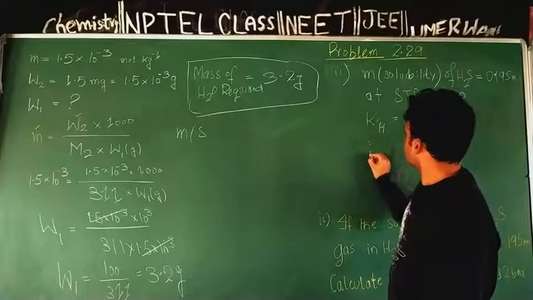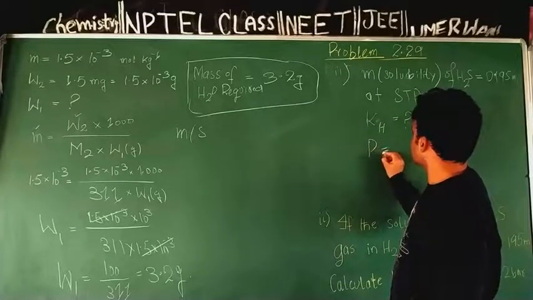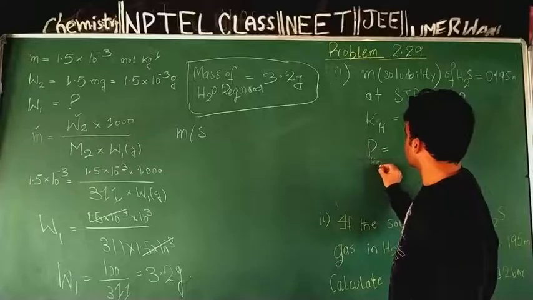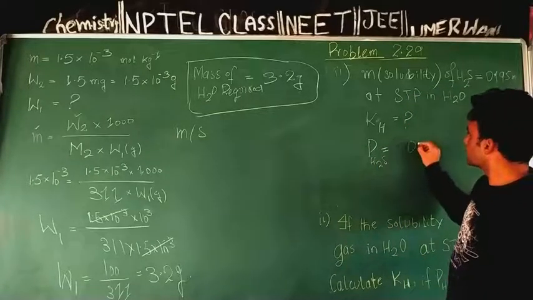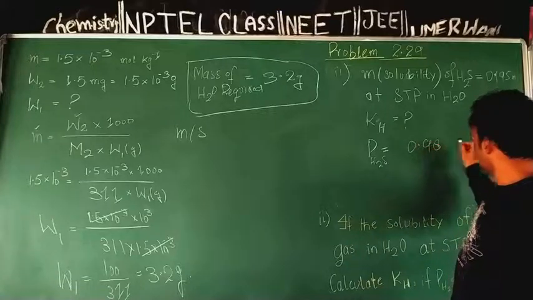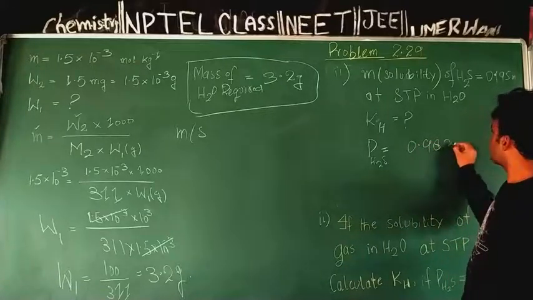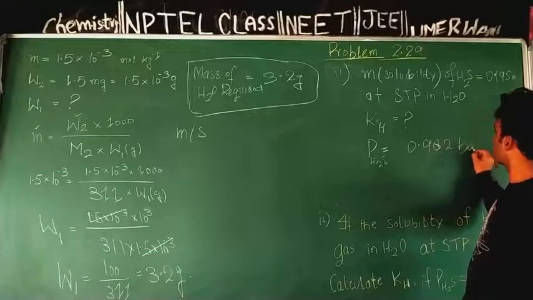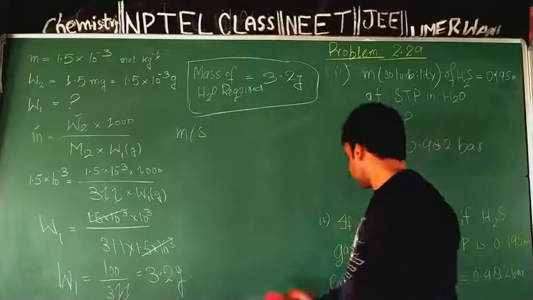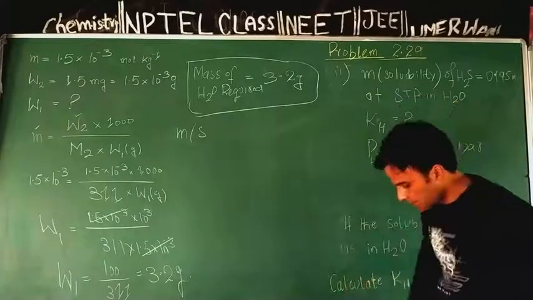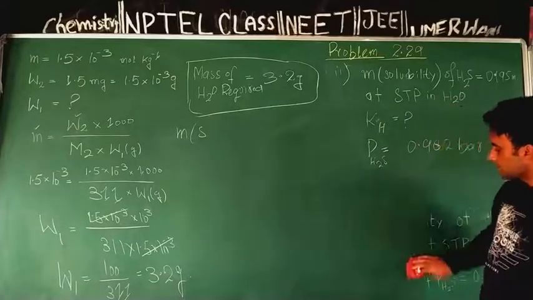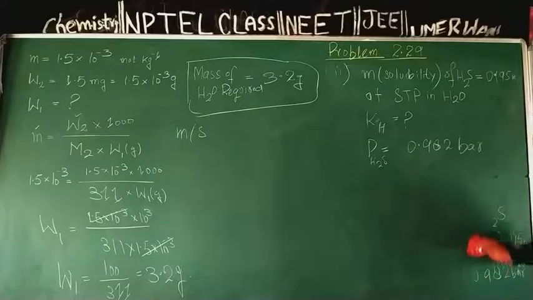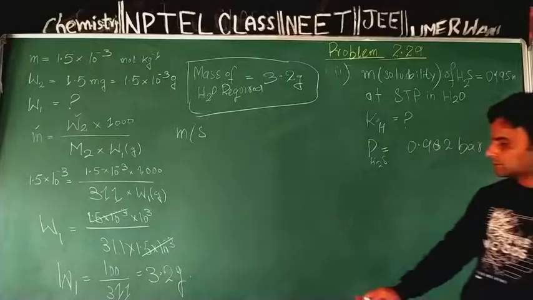What is given? Partial pressure of hydrogen sulfide is given at STP: 0.982 bar. So this problem is based on solubility. What is the nature of solute?